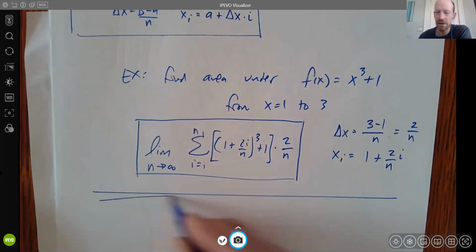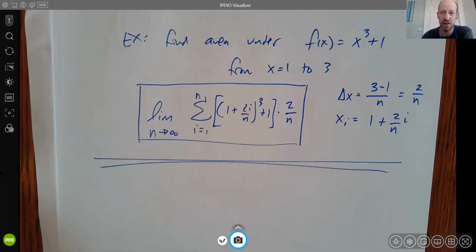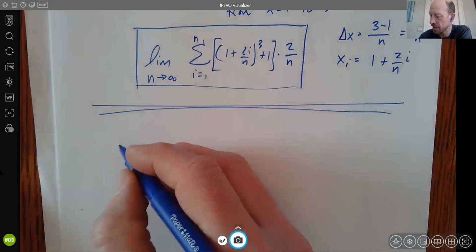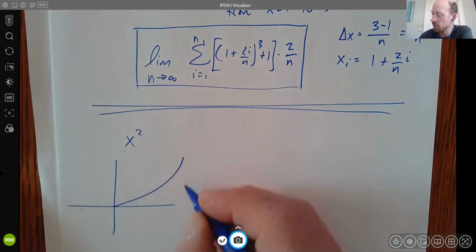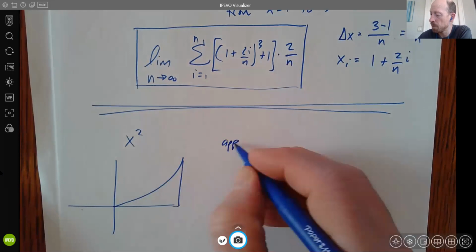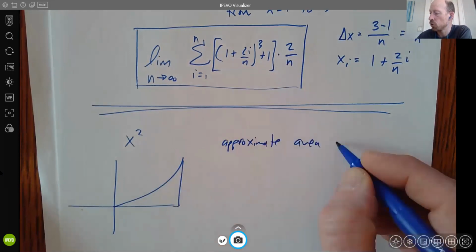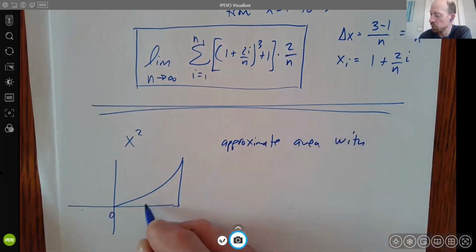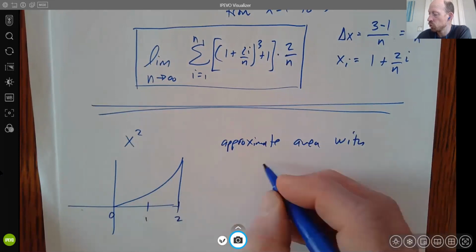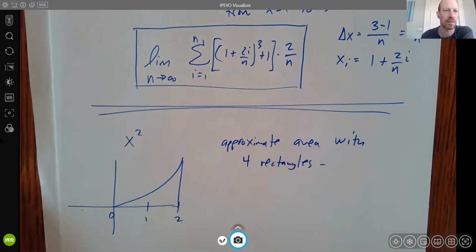The other thing you will have to do, which is a little more numerical, like just calculating values, is they'll give you a function like x squared and say, let's approximate the area, let's say we're going from 0 to 2 with 4 rectangles.